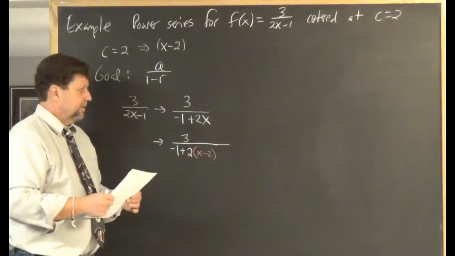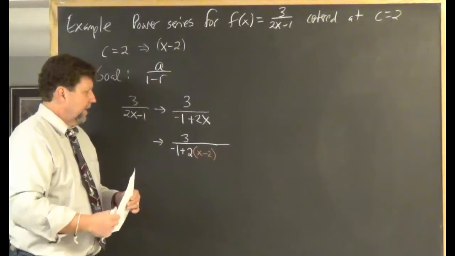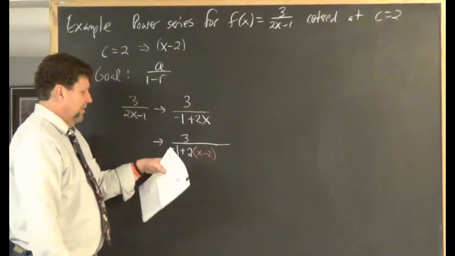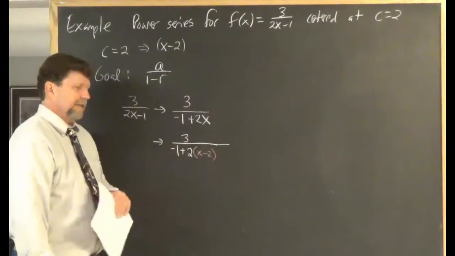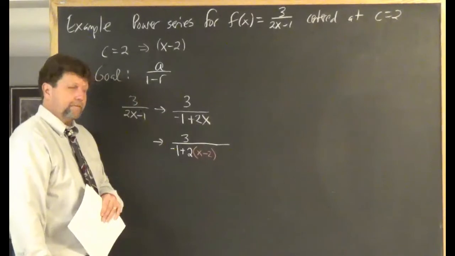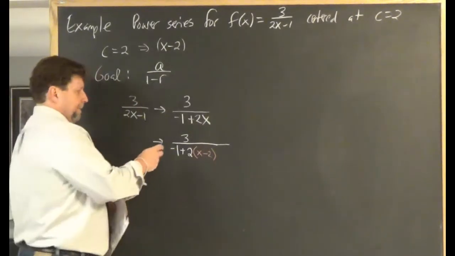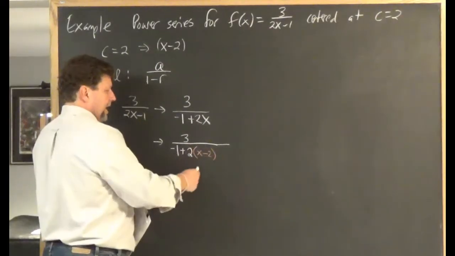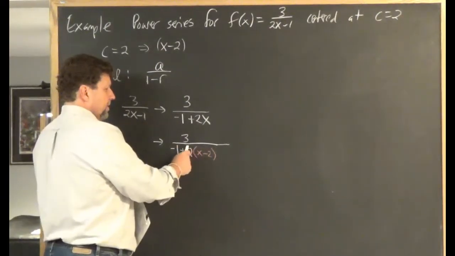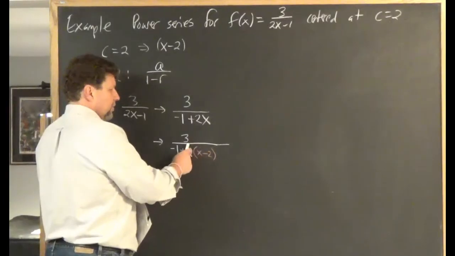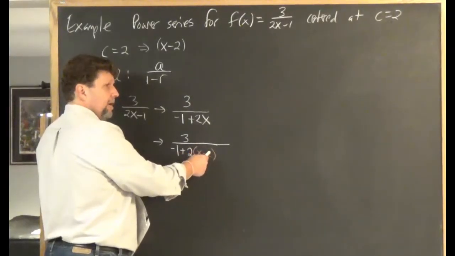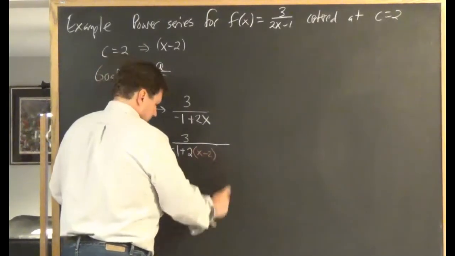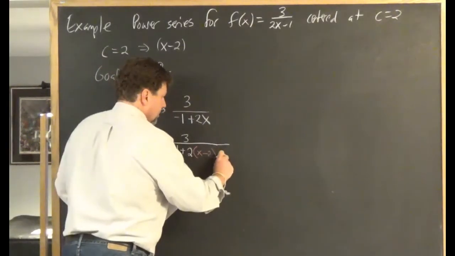So what do I have to do here? What do I have to add in down here to make sure this denominator is exactly the same as this denominator? Well, if you're thinking, well, Bill, if you try to simplify this denominator, the first thing you would do is distribute the 2. So that gives you a 2x minus 4. You better come in here and add 4.